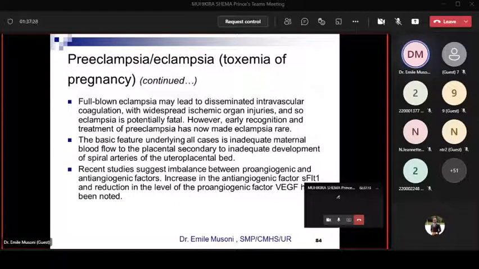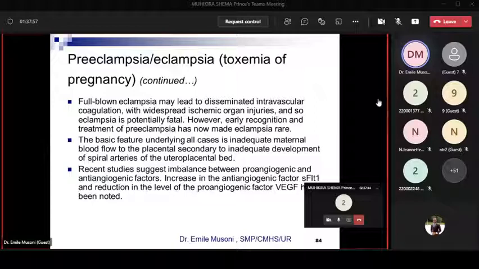The main cause of this eclampsia is not known, but eclampsia is an emergency. Once you find eclampsia with those aggressive signs of hypertension and proteinuria, immediately you have to do the cesarean section. Otherwise, you will lose the baby and the mother.